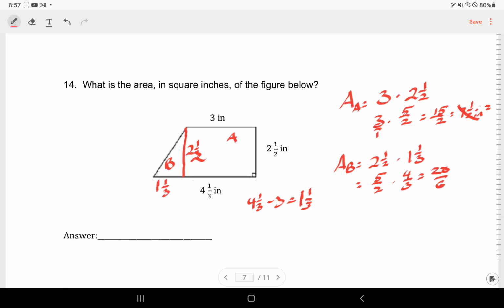And so actually, I'm going to ignore that for a minute. I'm going to do 15/2 plus 20/6. So that's times 3, because I need a common denominator. So 2 times 3 is 6. 15 times 3 is 45. That's already at a 6. 45.